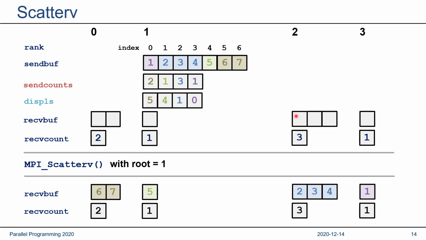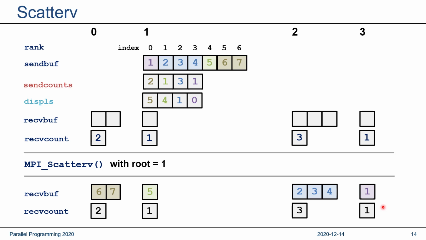We have the last chunk, which was originally the tail of the array on rank 0. This was sent to rank 3, and the tail of the array on rank 1 was sent to rank 0. This single element at index 4 was copied locally on the root to the receive buffer and contains 5, and so on. So you see there's a lot of flexibility here.